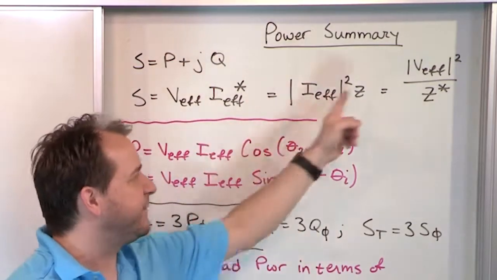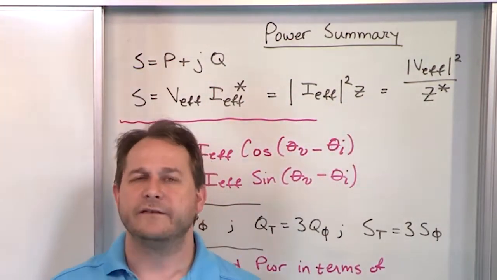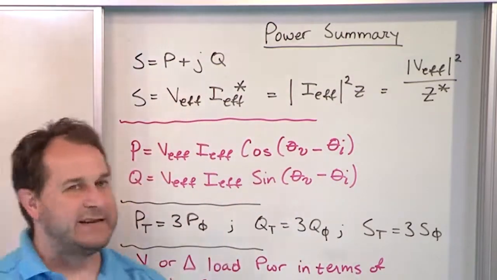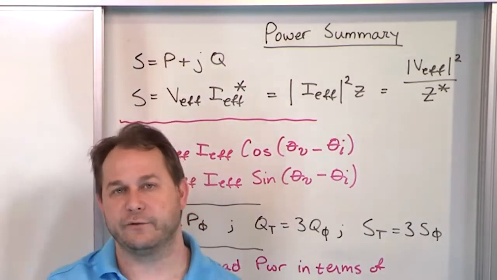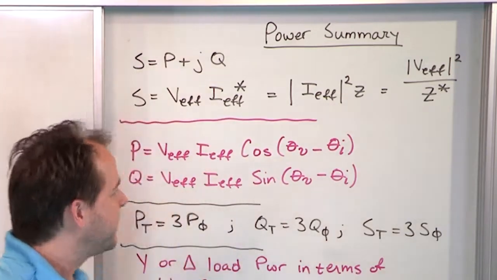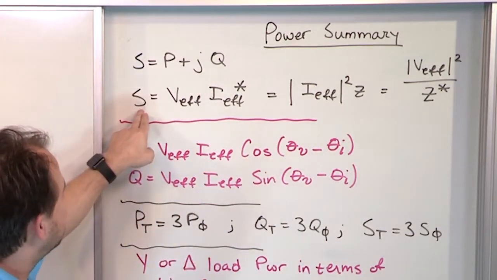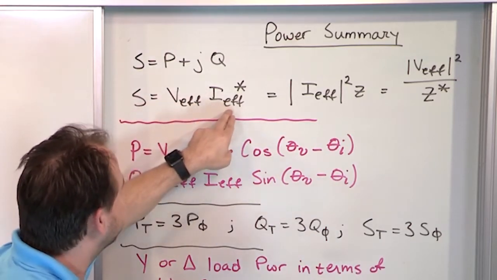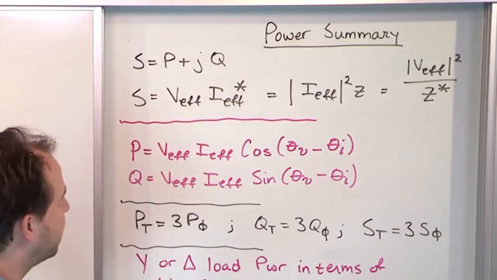Some books will say RMS, some books will say effective. Either way, the voltage here is not the peak, it's the RMS value, which means you've divided by the square root of 2. So you can calculate this complex power through any impedance by knowing the voltage across it and the current through it, so V I conjugate. That's what I've been telling you over and over again.